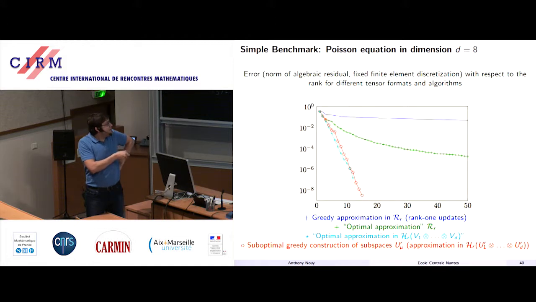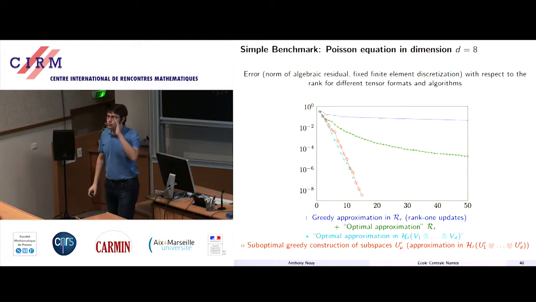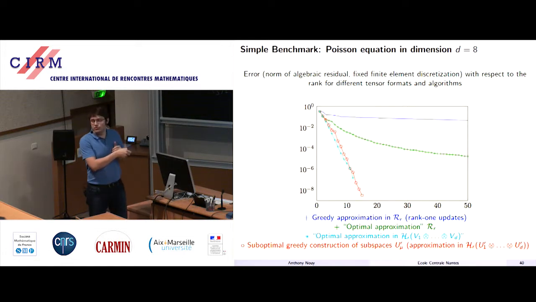So here at step 10, you have an error of 10 to the minus 6. What does it mean? That means that you have found a 10-dimensional space of functions of the first variable, a 10-dimensional space of functions of the second, etc., such that the projection of your function in the tensor product of these univariate spaces has an error of 10 to the minus 6.